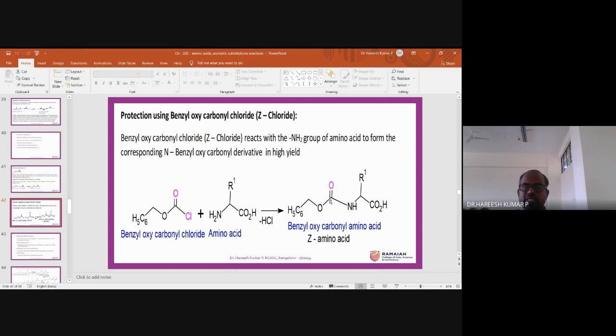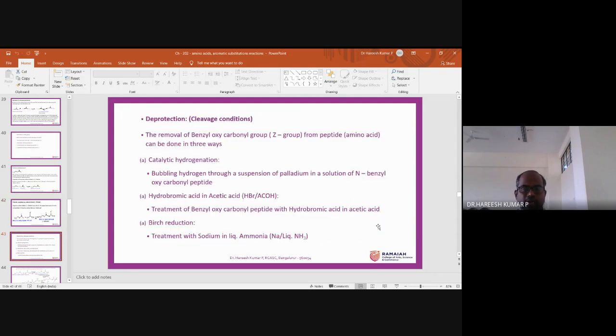This will go out as carbon dioxide, and this will pick up the proton. So one H will add here, this will come over here, and this will pick up another H. What you need to remember is that when benzyl oxycarbonyl peptide is hydrogenated, one H will add to this carbon. That means toluene is one product, carbon dioxide is another byproduct, and the amino acid is the product. So that is about catalytic hydrogenation.